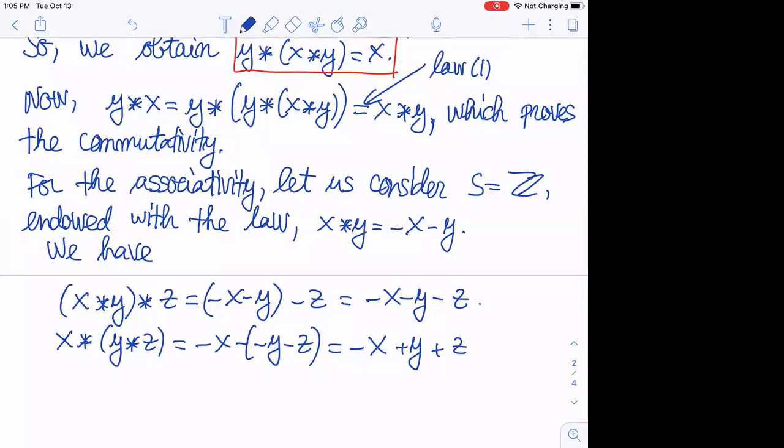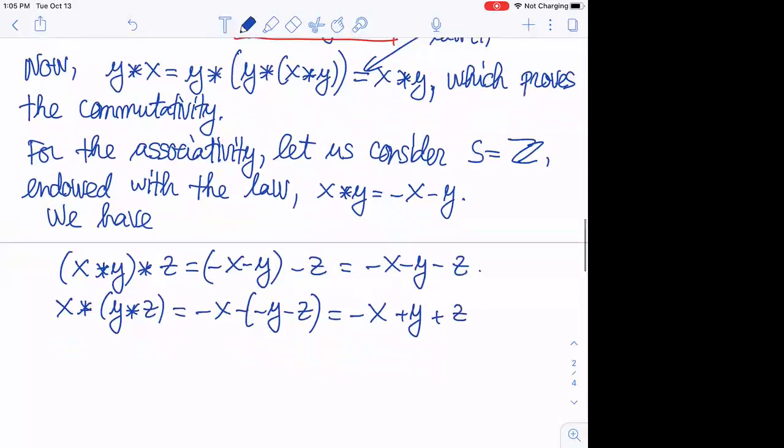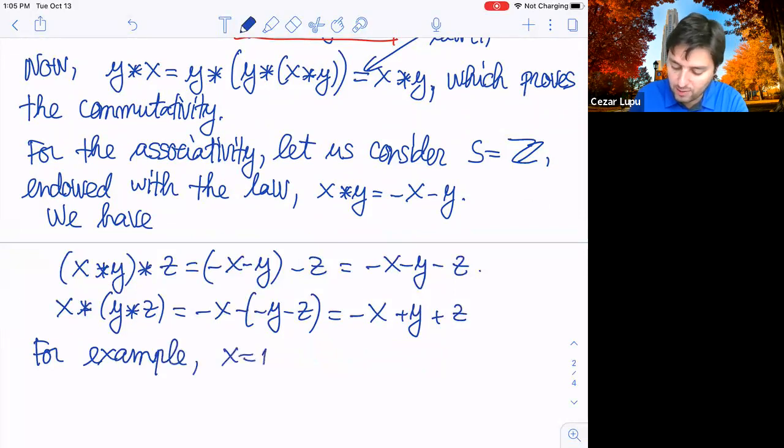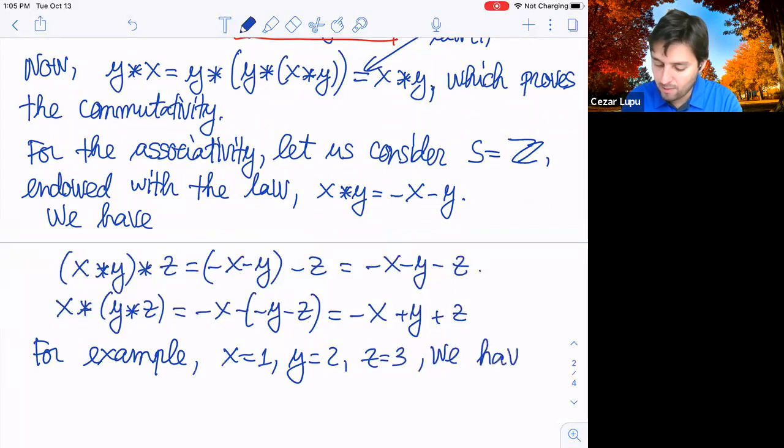So for example, you can pick the simplest numbers possible. Just take x equals 1, y equals 2, and z equals 3. We have that what?